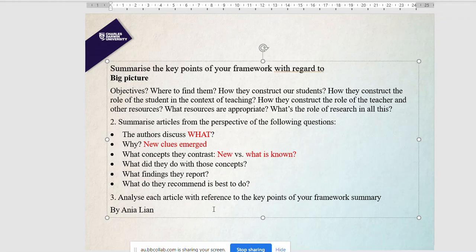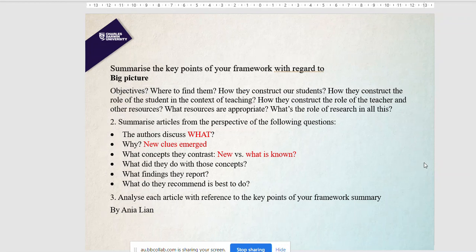And the only way you can present your perspective on it is when you actually articulate, just before you start your literature review, your framework.